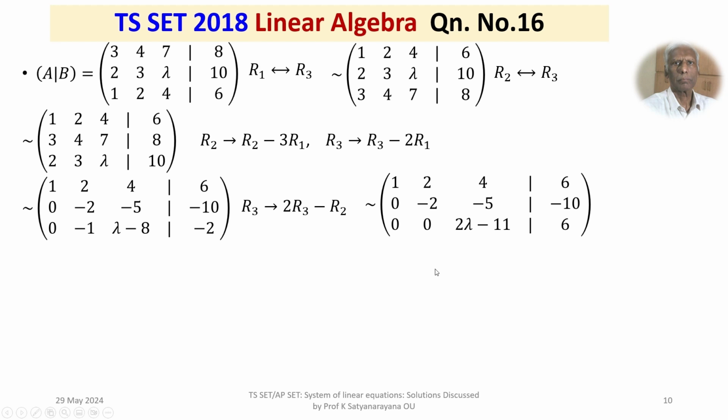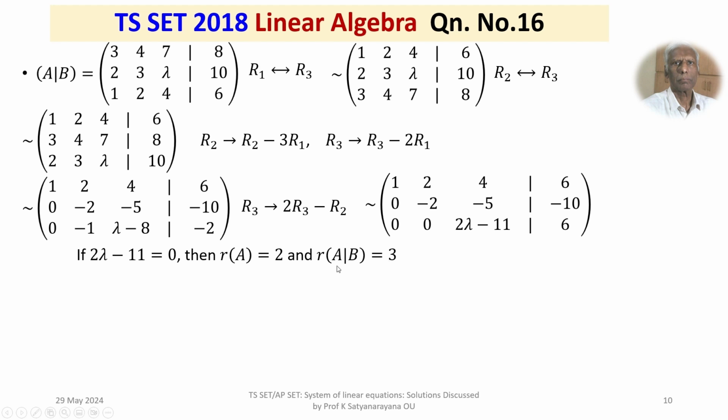Now what is it that we want? Suppose we make 2 lambda minus 11 equal to 0. Then in this place 0 has come, so the rank of A will be 2, and 6 is not equal to 0, whereas this is 0, so the rank of the augmented matrix is 3.